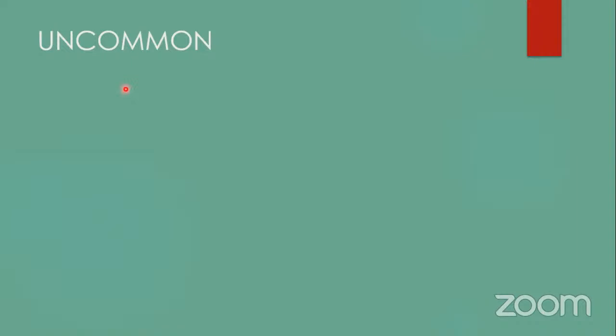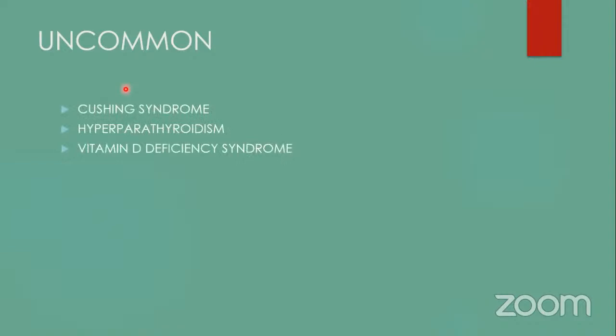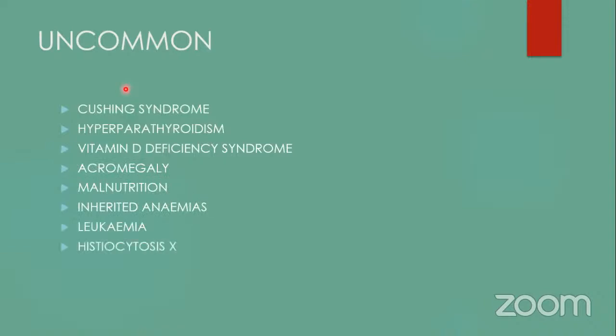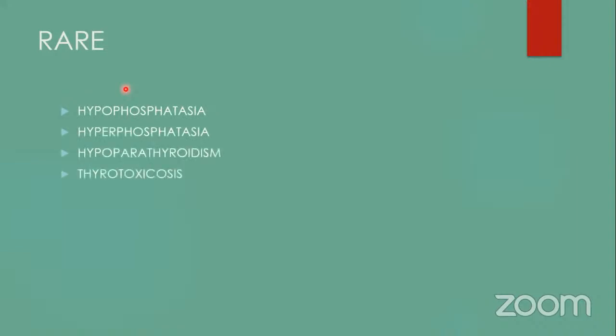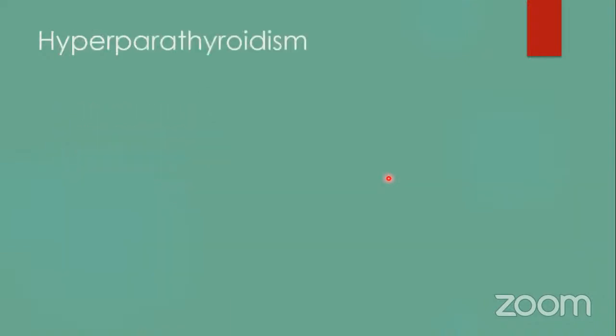The uncommon ones include Cushing syndrome, hyperparathyroidism, vitamin D deficiency syndrome, acromegaly, malnutrition, inherited anemias, leukemia, histiocytosis X, multiple myeloma, and osteogenesis imperfecta. Then in rare cases, like hypophosphatasia, hypoparathyroidism, thyrotoxicosis, you can have that uniform radiolucency, also post-radiation changes.